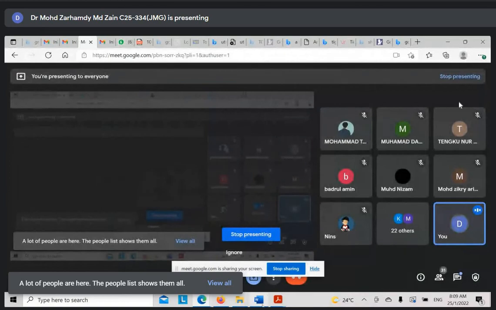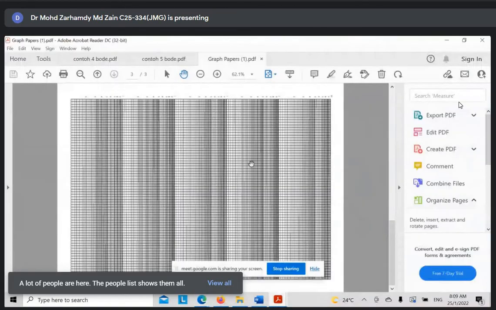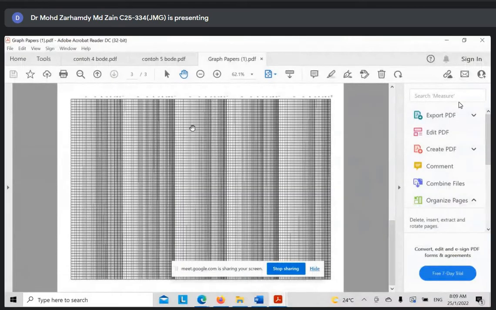Okay. So jadi kita nak study ni. Okay, so this is the semi-log graph. If you can see here, we have to draw 2 graphs in one paper. So after this, try to come up with more exercises, 2 or 3 exercises.